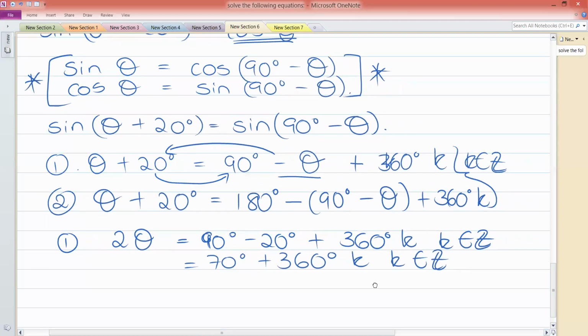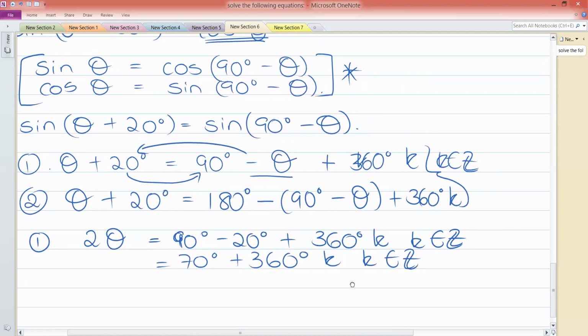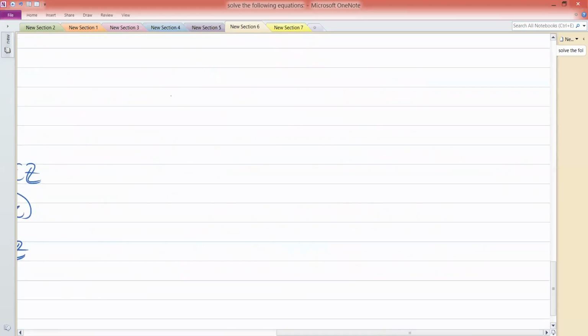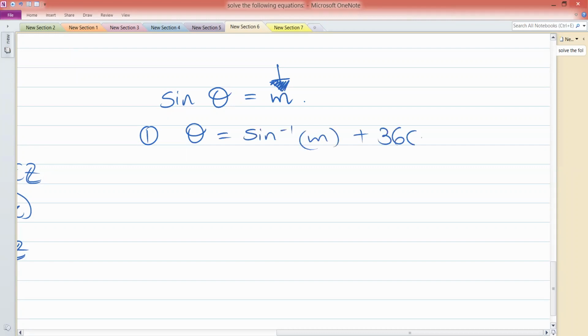Okay, so remember for sine, if you have sine theta is equal to m, where m is a random value, you're going to get two general solutions. The first one, inverse sine both sides: theta equals inverse sine m plus 360 degrees k, where k is an integer.